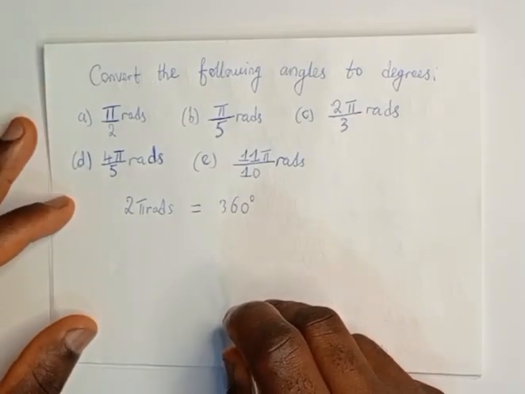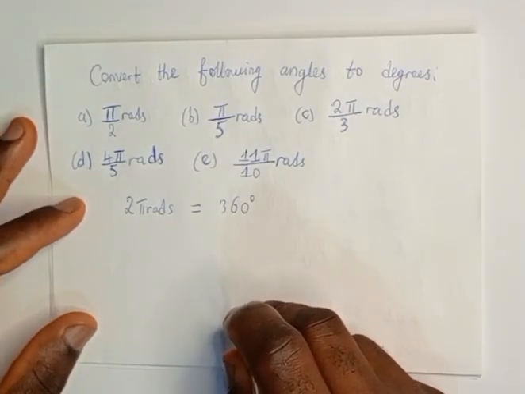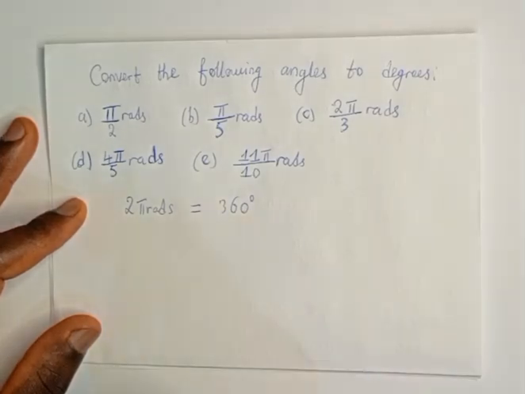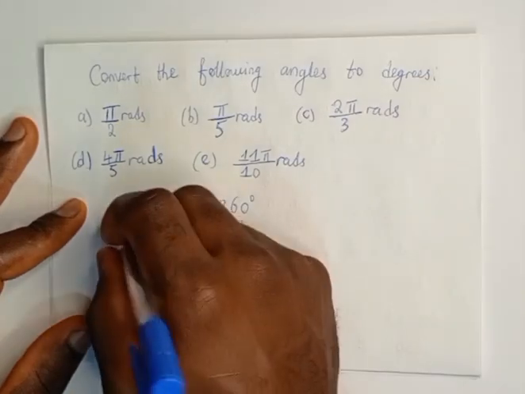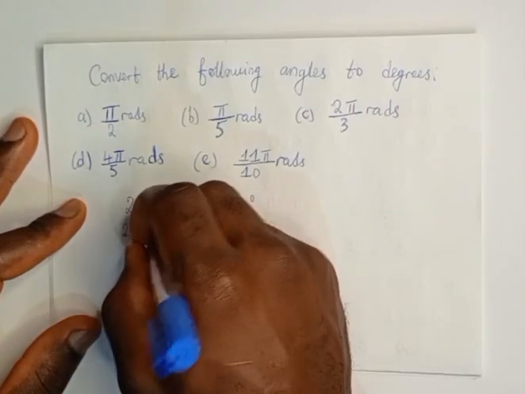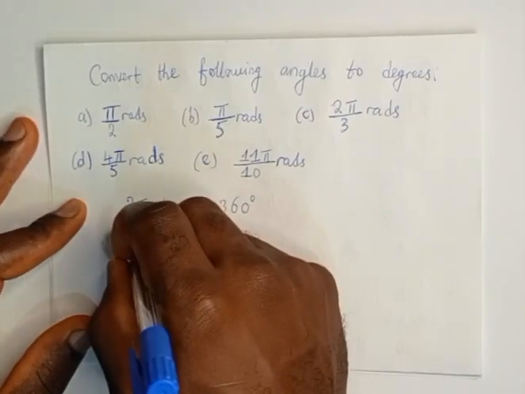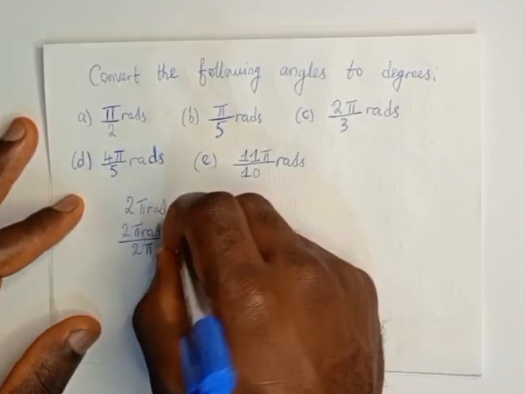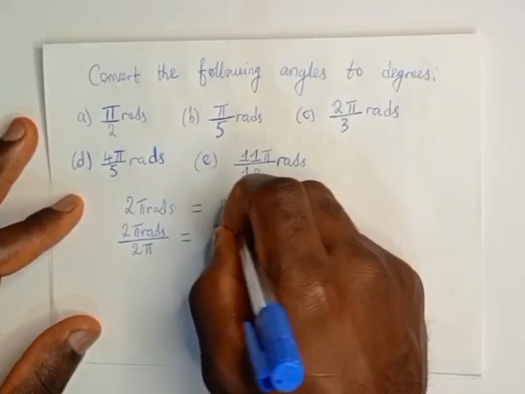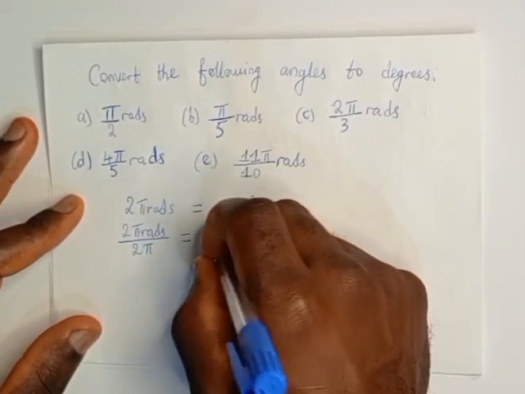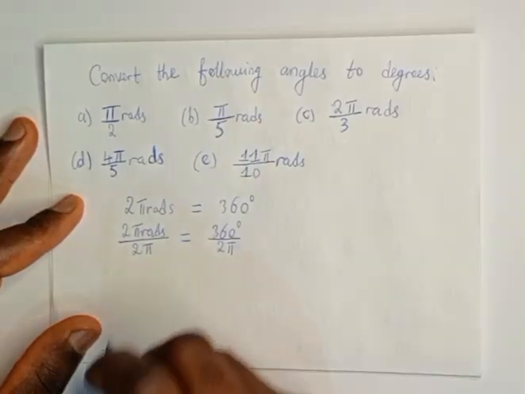Next, if we divide both sides by 2 pi, the reason why we are dividing both sides by 2 pi is simply because we want to obtain 1 radian in degrees. 2 pi rads divided by 2 pi is equal to 360 degrees divided by 2 pi.